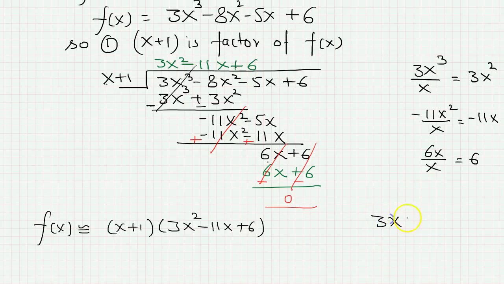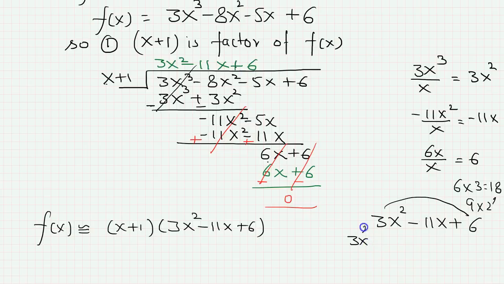Now let's try to factorize this. 3x squared minus 11x plus 6. Let's multiply. 6 multiplied by 3 is 18, and 9 multiplied by 2 is also 18, and 9 and 2 is 11.